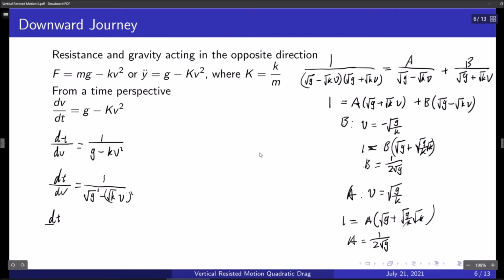So dt over dv equals 1 over 2 square root of g, then times 1 over square root of g minus square root of kv plus 1 over square root of g plus square root of kv.